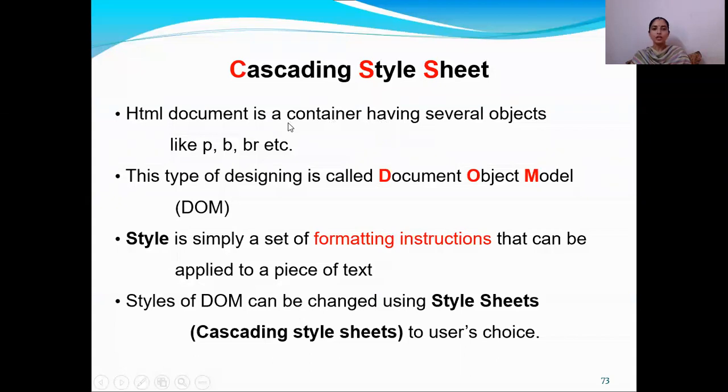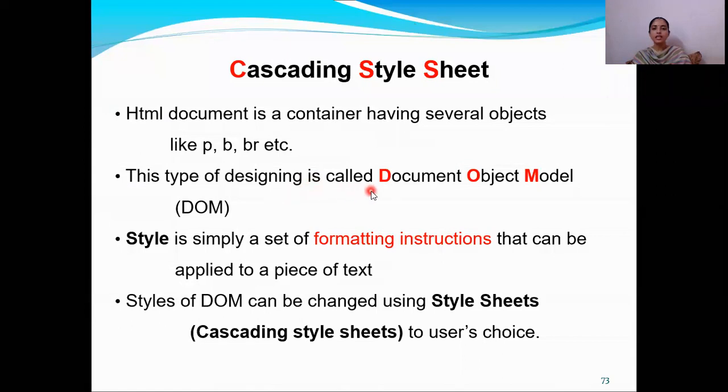Every HTML document contains its elements. We call the HTML document a container, and these elements or tags are called objects. The meaning or the style that is part of your HTML elements is stored in a file called the document object model.